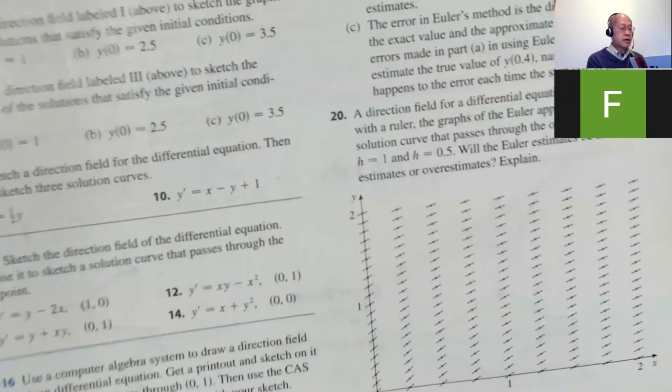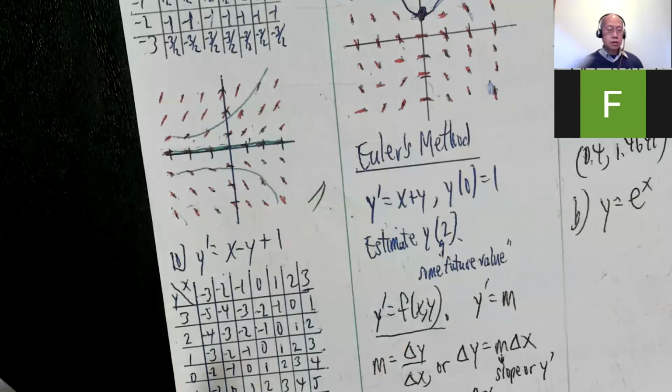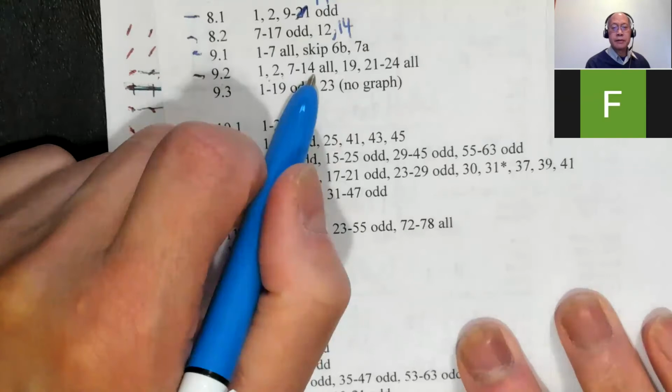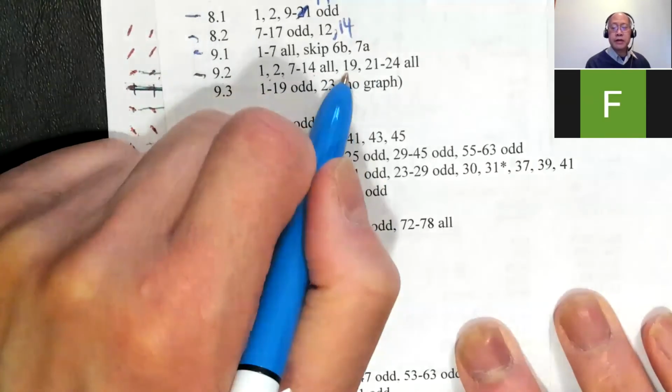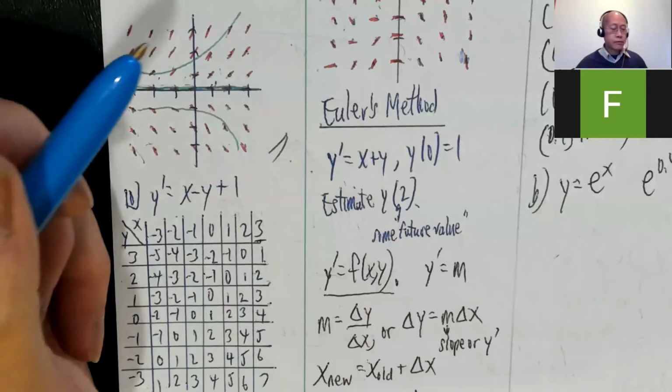And then the next time I'll get started with Euler's method, which is the rest of the problems, which are 19 and on. So Euler's method for tomorrow. So right now, you should know how to do everything up to 14, I guess. Okay. And Euler's method is 19 and then 21 and 24 all. And that's where we're at.